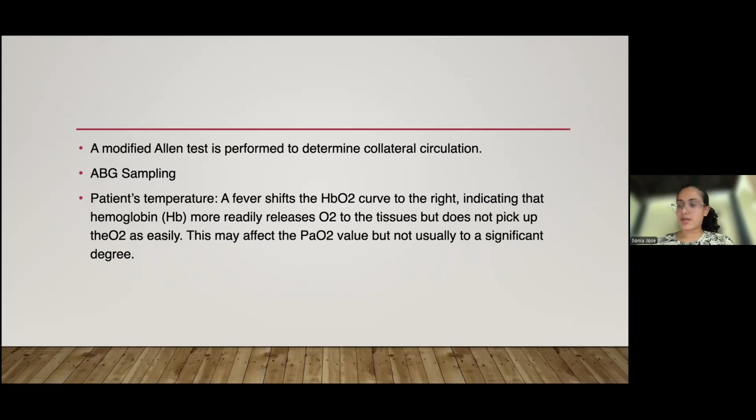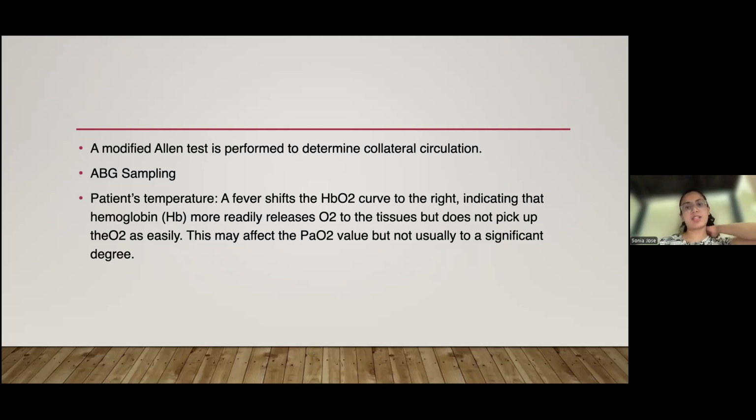Once we puncture the artery, we can see the blood in the hub, and we withdraw 1 ml of blood. It is important to apply pressure at the site for 3 to 5 minutes after taking the ABG. I think that's all clear.